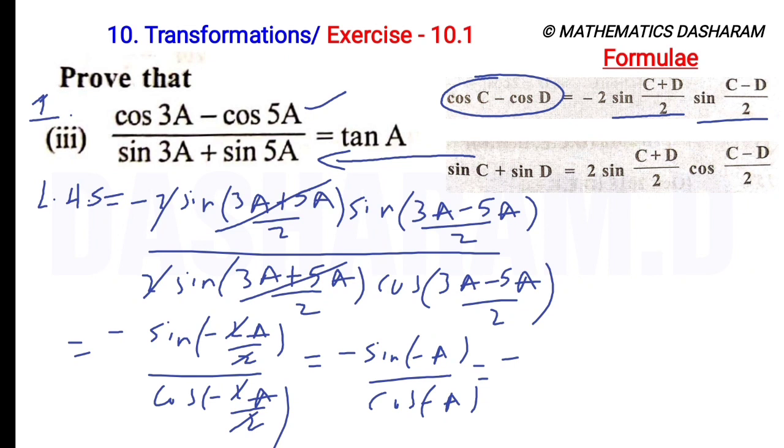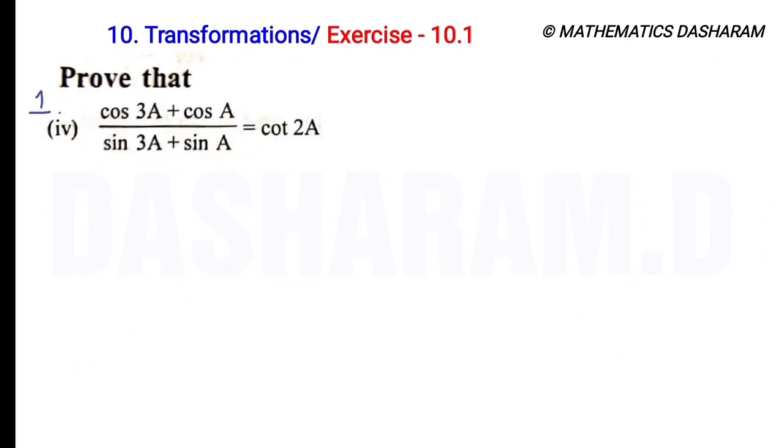We know very well sin(-theta) becomes -sin theta. So then -(-sin a) divided by cos(-theta), which equals cos a itself. Now minus of minus plus, sin a divided by cos a.